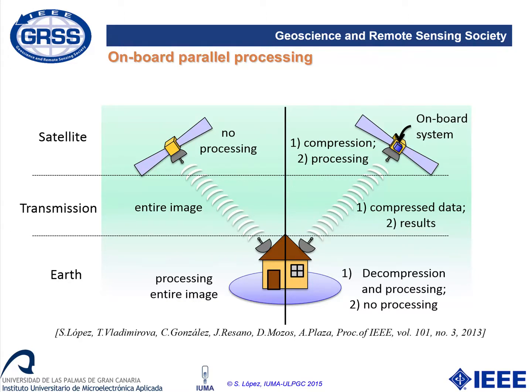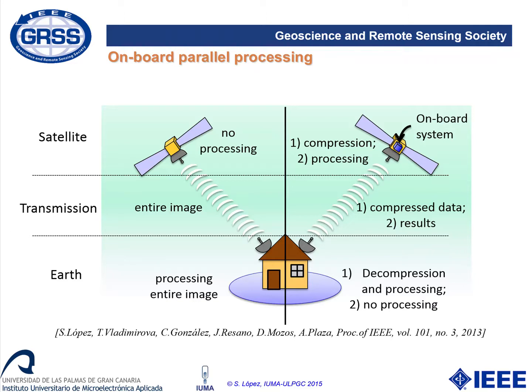Let's think about a spectral unmixing case in which, for example, we can transmit the abundances and the endmembers to the Earth station. So at the Earth station, we only need to decompress the data and process the data in case it is not processed, or maybe we can handle a situation in which we have to do absolutely nothing because we have received the results.